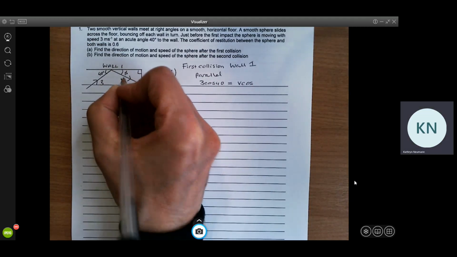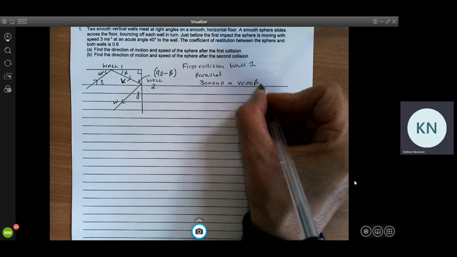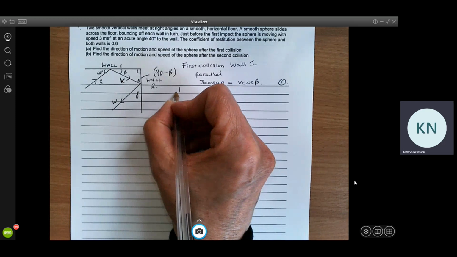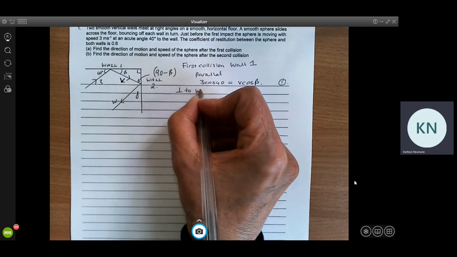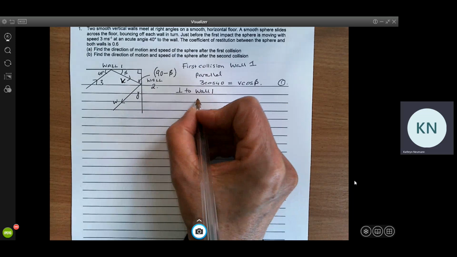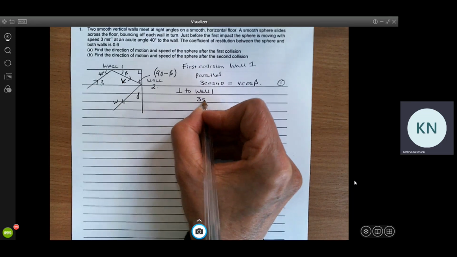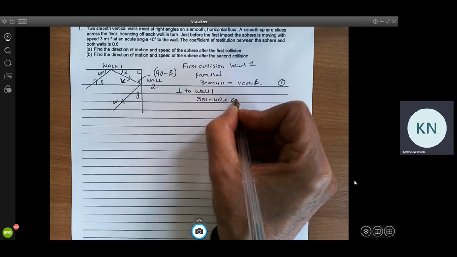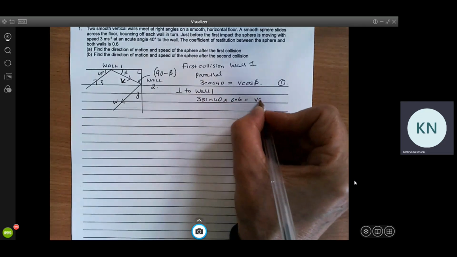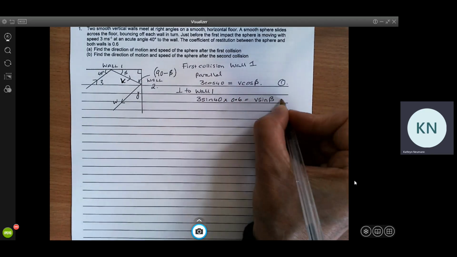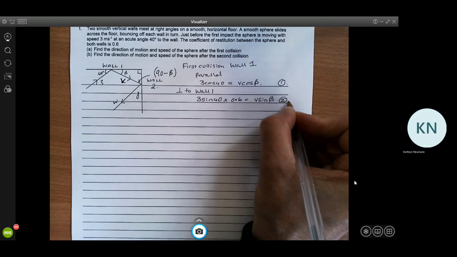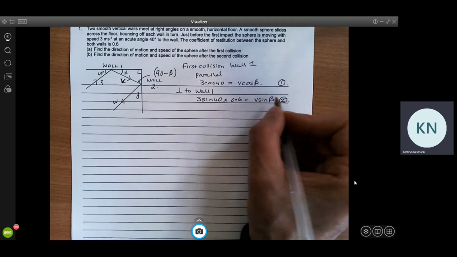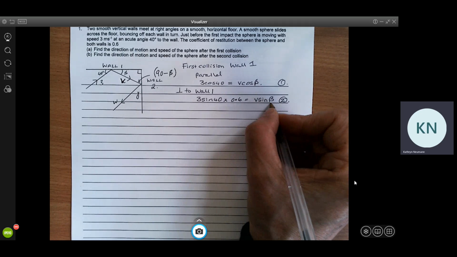That's V cos beta. So that's my first equation. Perpendicular to wall 1, I know that 3 sin 40 multiplied by e, which is 0.6, is V sin beta. And that's equation 2. I want to know the speed and the direction of motion, so I've got to solve for V and for beta.